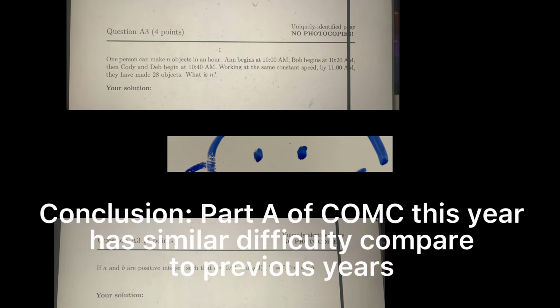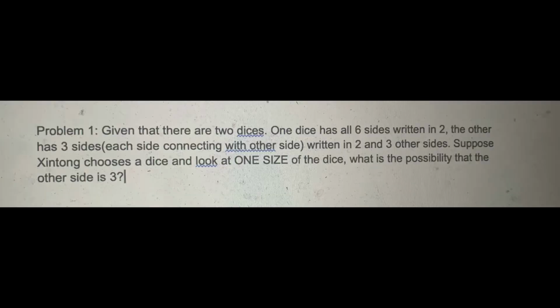The previous 2 years were also easy, so they are similar to C4. Therefore, we can draw an easy conclusion: the difficulty of Part A in 2021 is similar to the ones in 2020 and 2019, and also similar for all years.